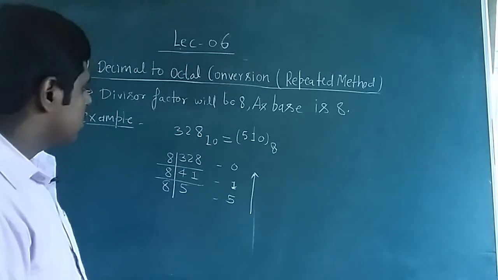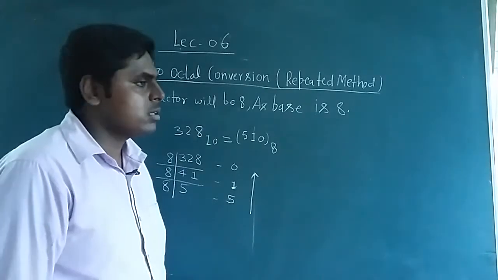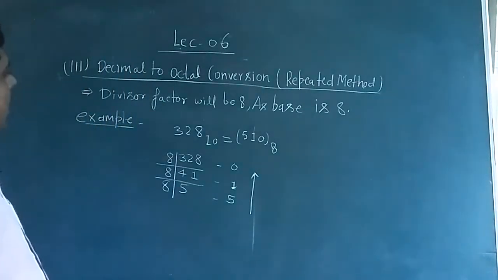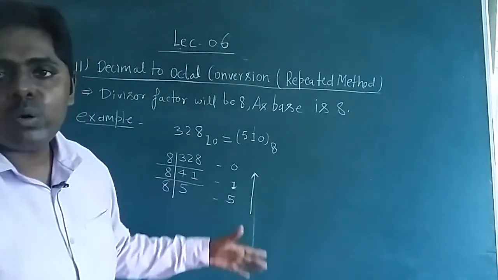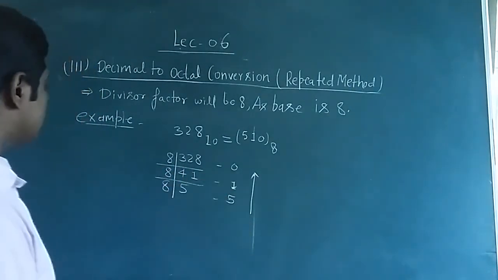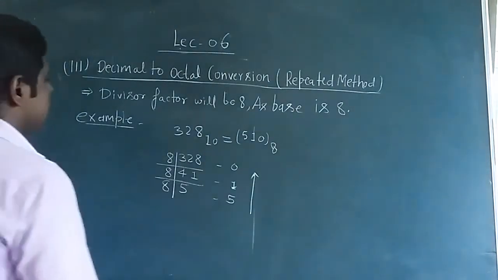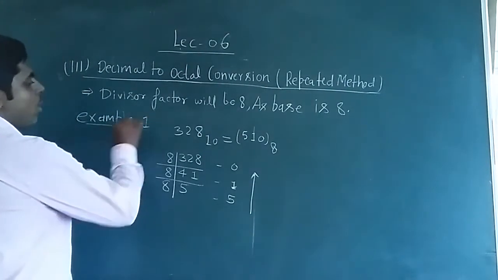It's a very simple process, and we can easily convert a decimal number into an octal number. Let's see one more example.